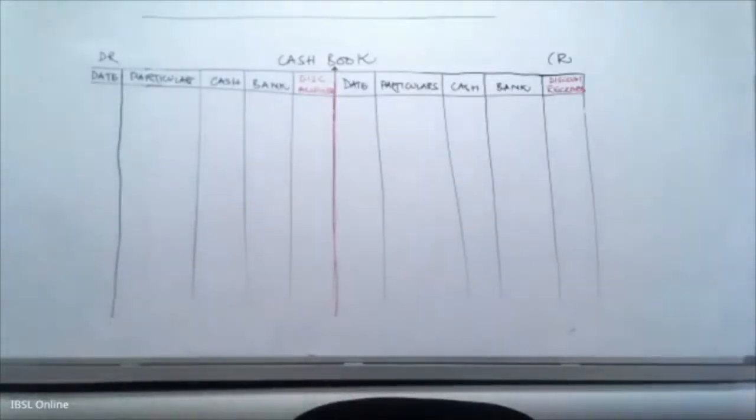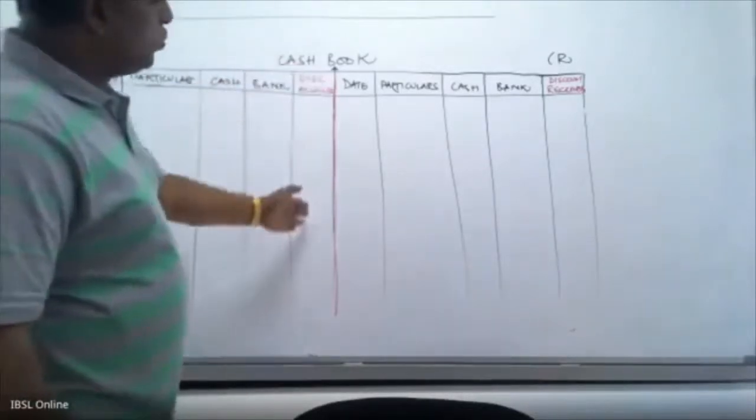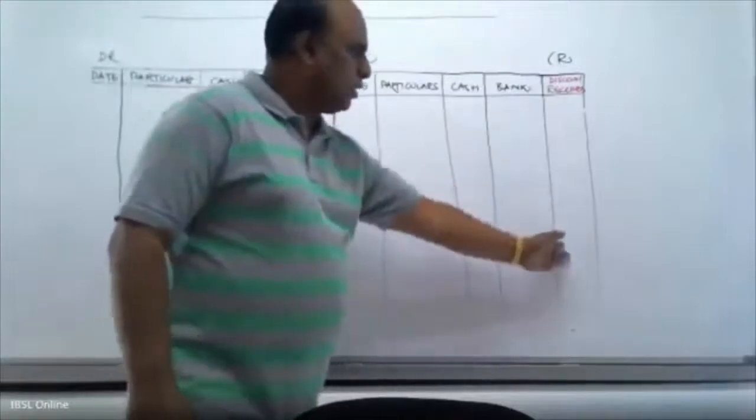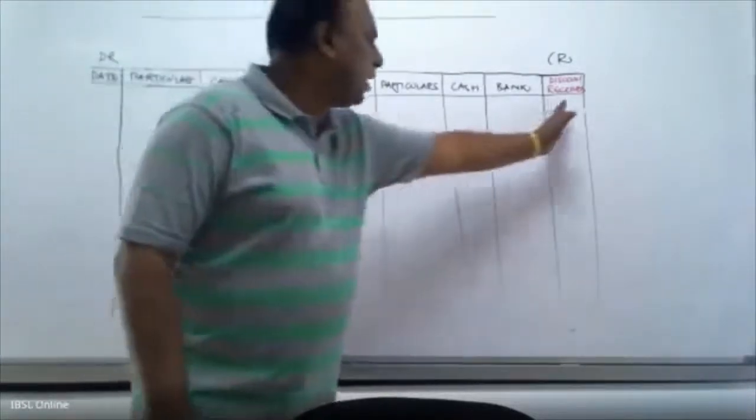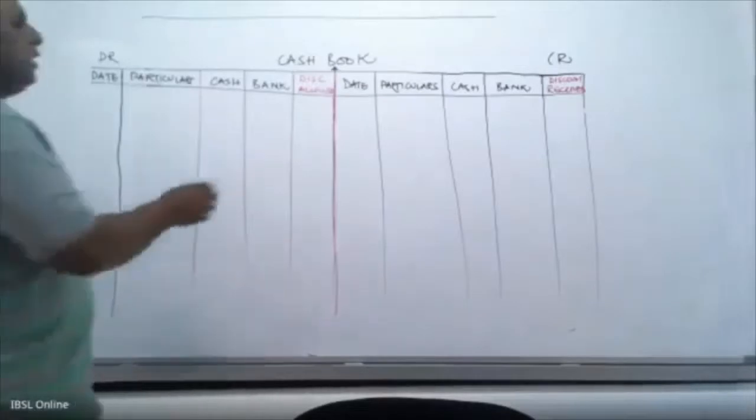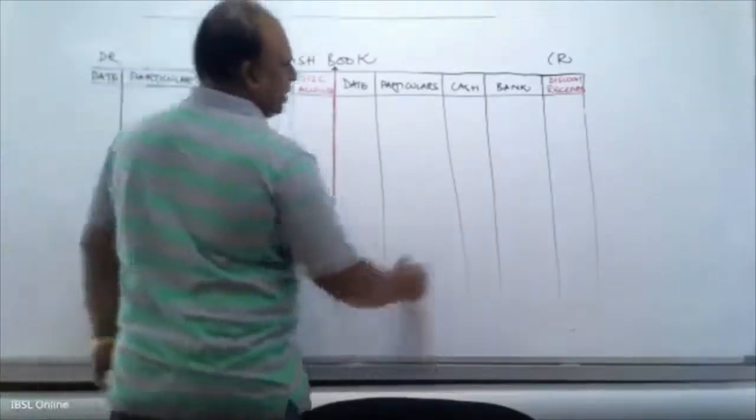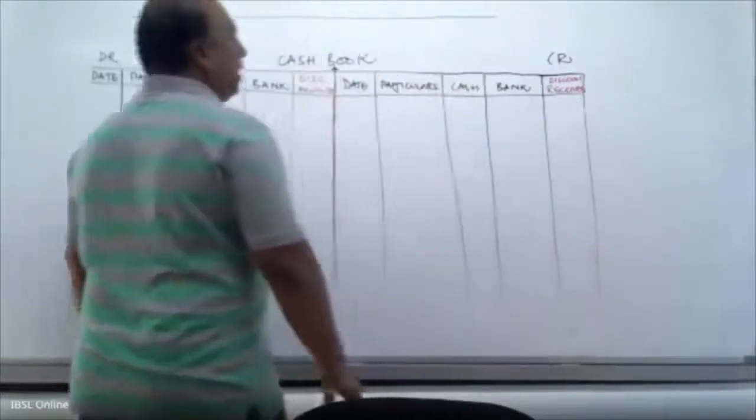Now out of the trade discount and cash discount, I said trade discount is not recorded in the books. So you understand that these two columns, this one and the last column, relate to the cash discounts. We are supposed to record only the cash discounts here and here, depending on the circumstance.